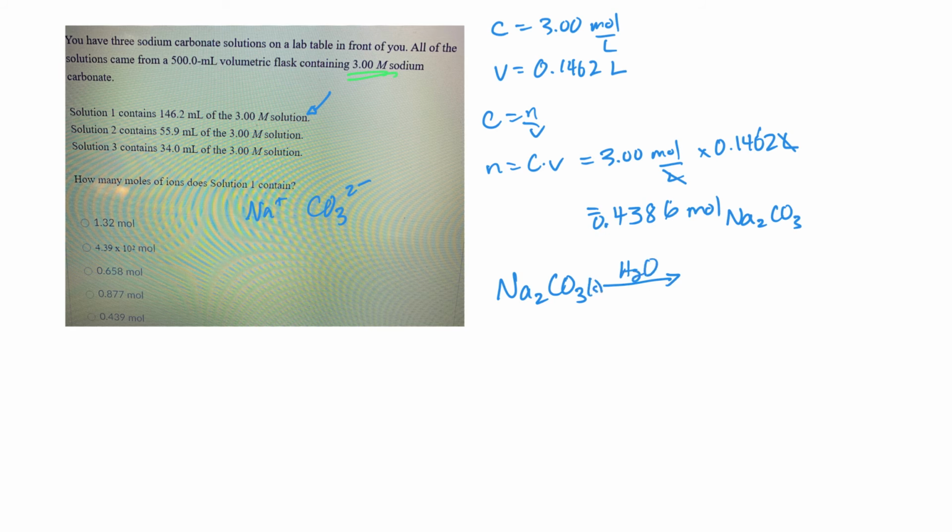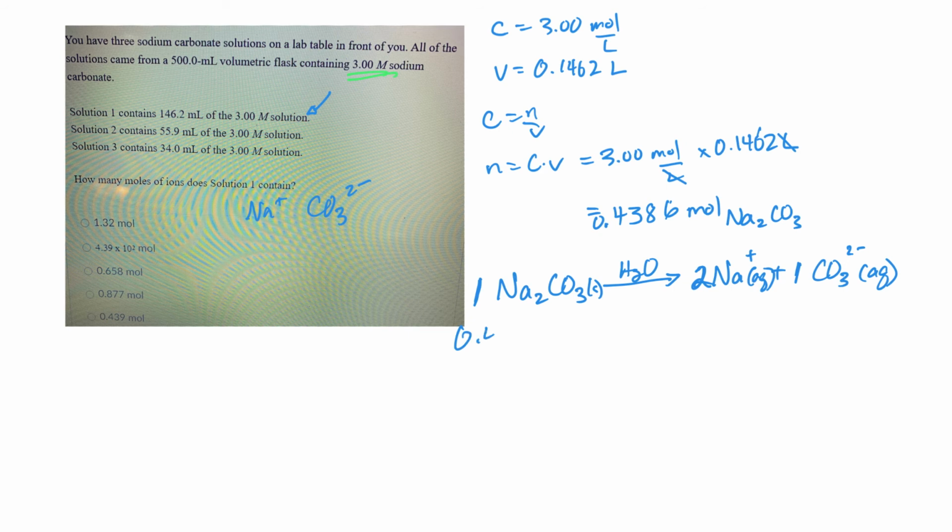So this is a solid. Dump it in water and you get sodium ions plus carbonate ions. Both those will be aqueous because they're in water now. And then to balance, I need 2 of these. So the ratio then, if I have 1 of these, I'm going to wind up with 2 moles of sodium and 1 mole of carbonate.